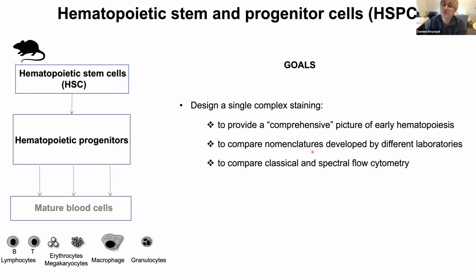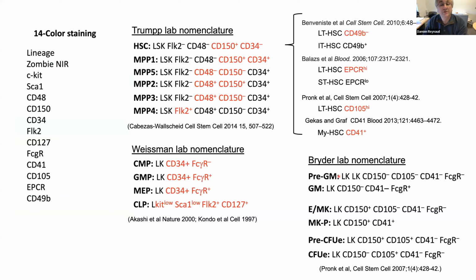So we combined several nomenclatures developed by different labs. And we also used this staining to compare a classical flow cytometer with our new Aurora spectral flow cytometer. So this is the staining that I was talking about.